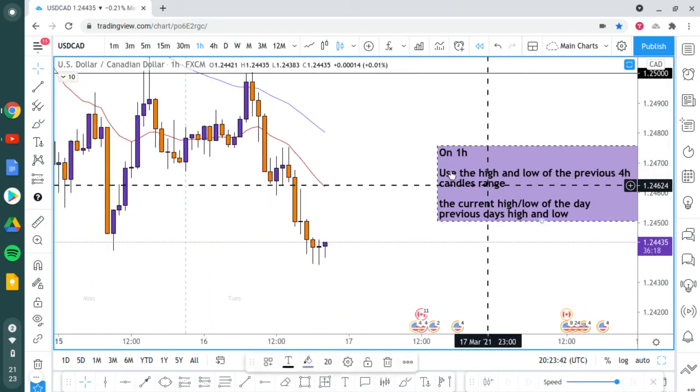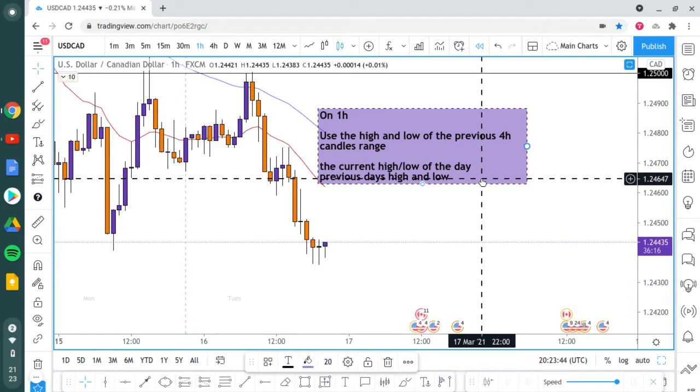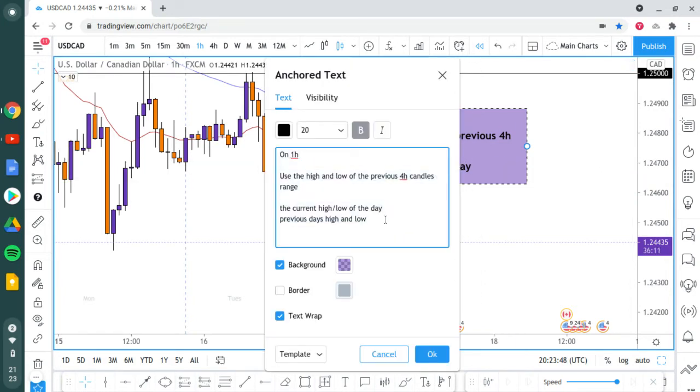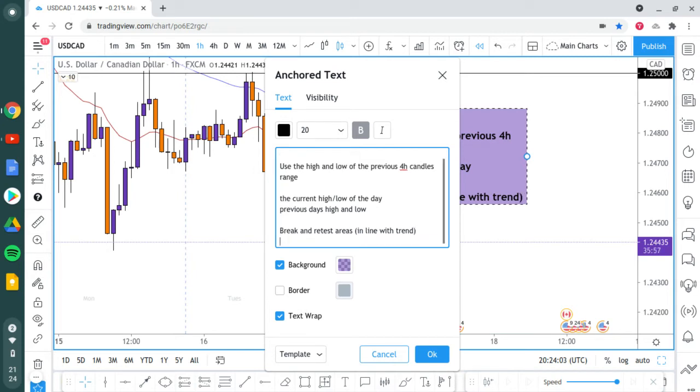So also what I like are break and retest areas in line with trend. Structure areas, which are usually going to be the high or low.